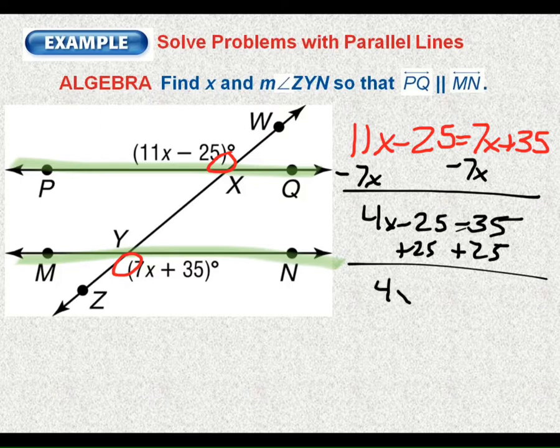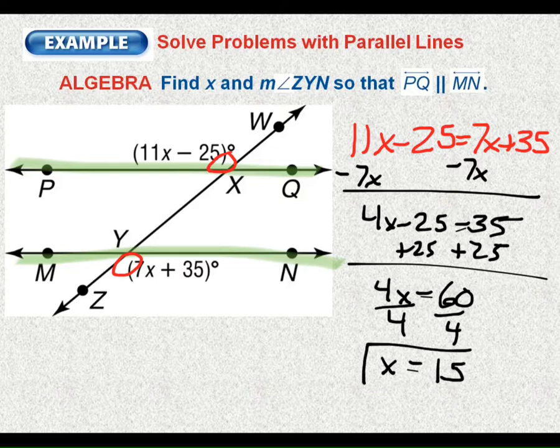That gives me 4x equals 60. Divide both sides by 4, and X is 15. Because if I plugged in 15 here, this degree measure would equal this one. Because I need the alternate exterior angles to be equal in order for the lines to be parallel.